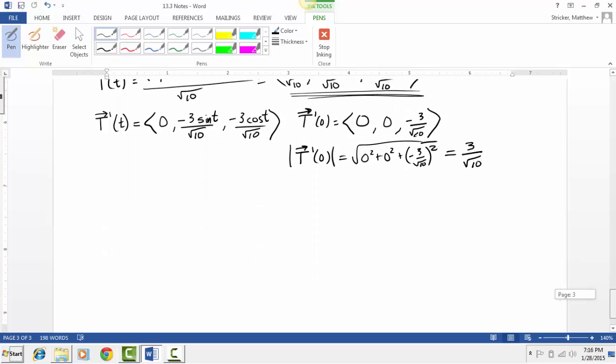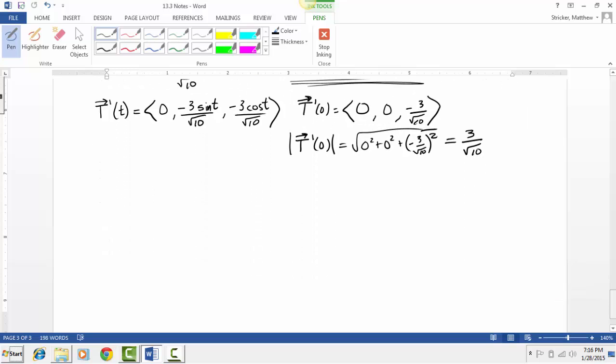So we're now at the place where we can find the unit normal vector, because in your notes we saw that the unit normal vector N of t is equal to T prime over the magnitude of T prime, which we have. We just found it.